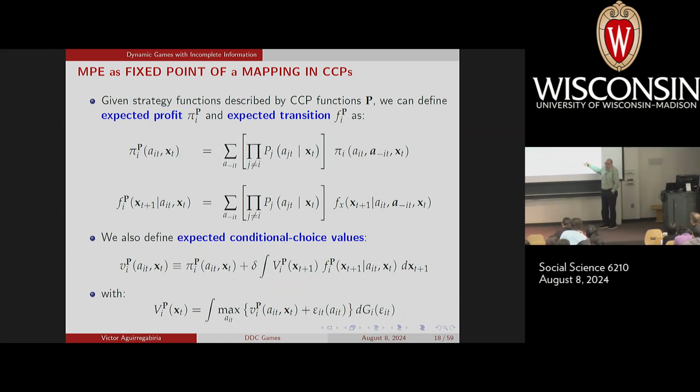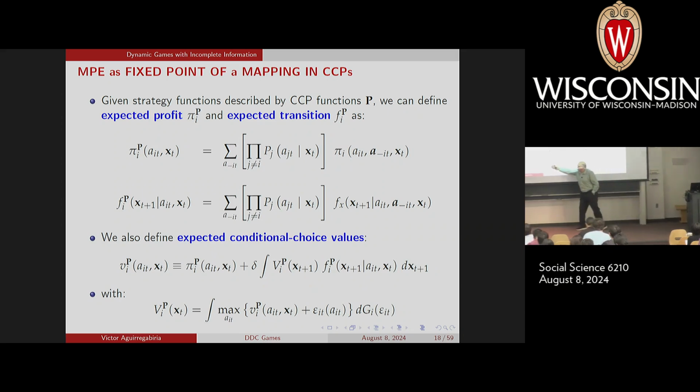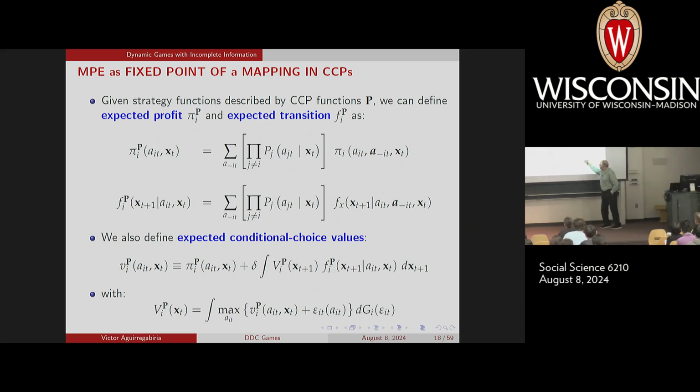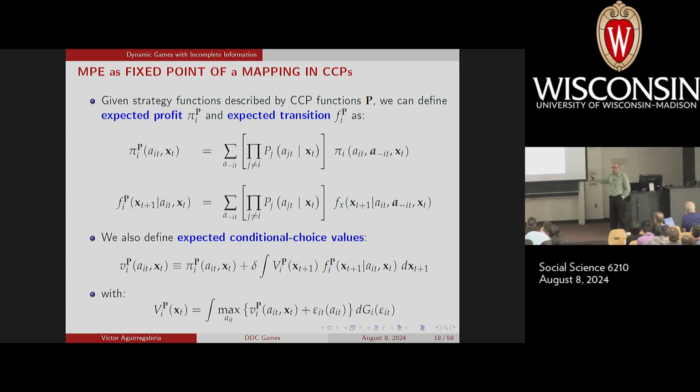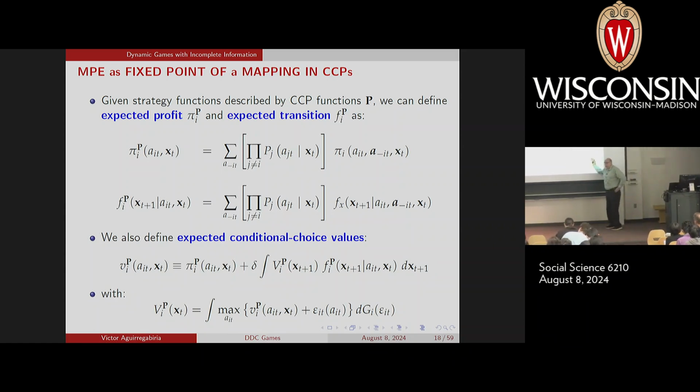Notice that it's an integrated Bellman equation because we are integrating the max over the distribution of the unobserved heterogeneity. But as we know, these integrated Bellman equations have very similar properties as the actual Bellman equation. They are contractions. They have a unique fixed point, taking as given the choice probabilities of the others.